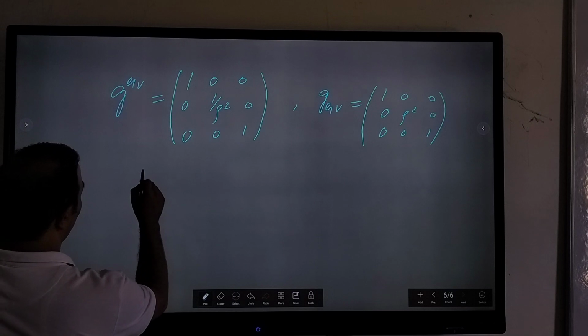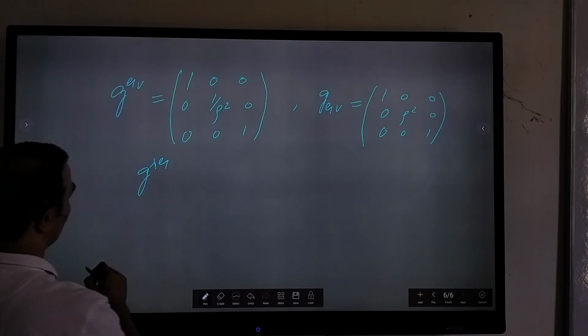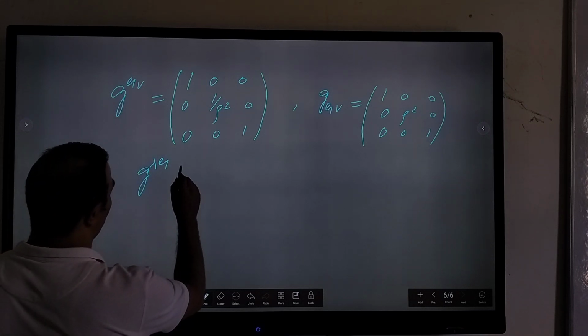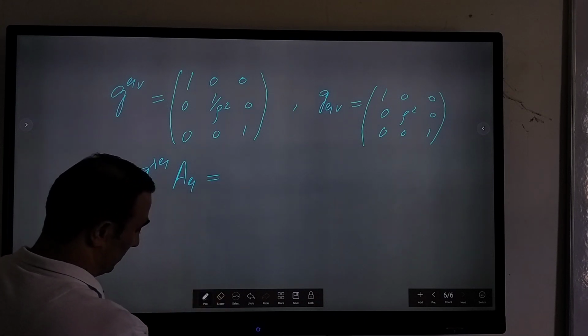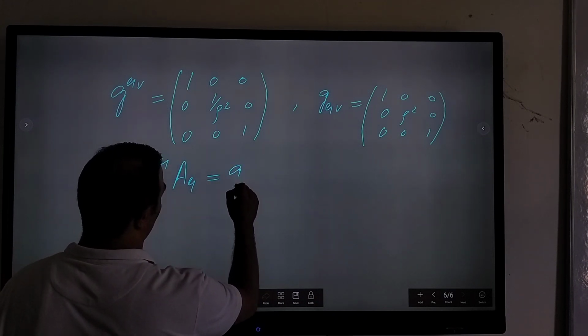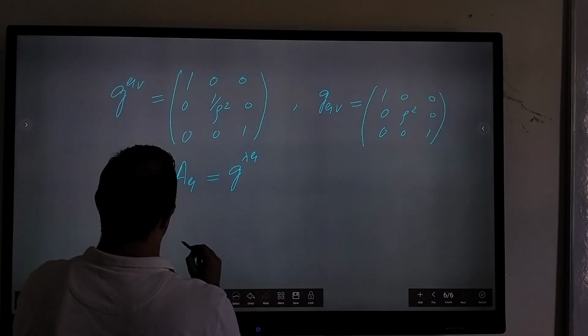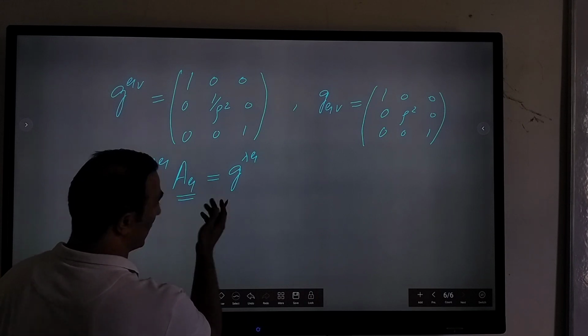So that means I can write now G^λμ. If you take this matrix here and a_μ, this will be equal to G^λμ, which is basically the first one, and now I can write it this way because this is the dual of some vector.